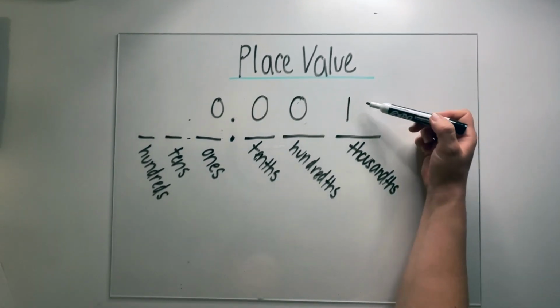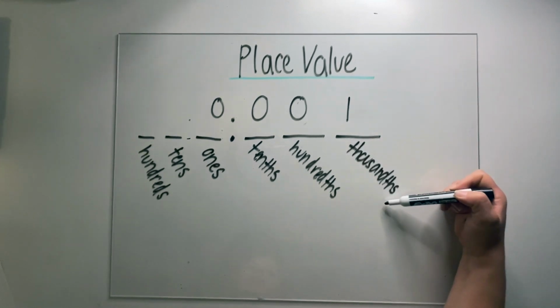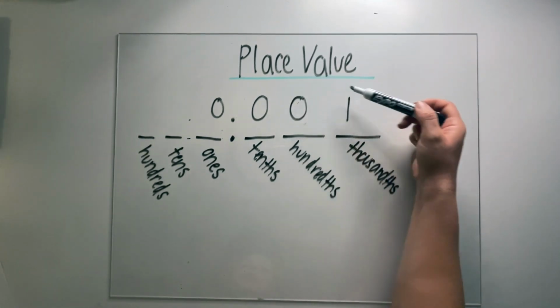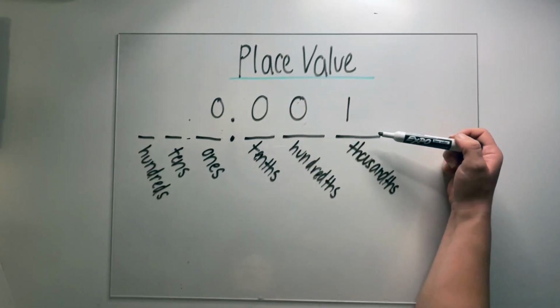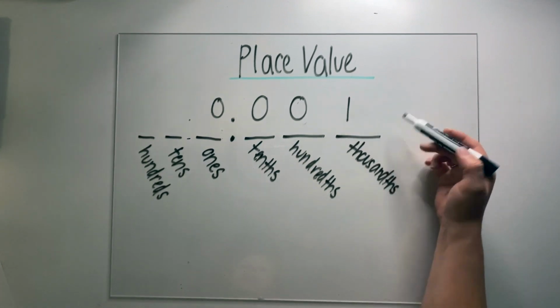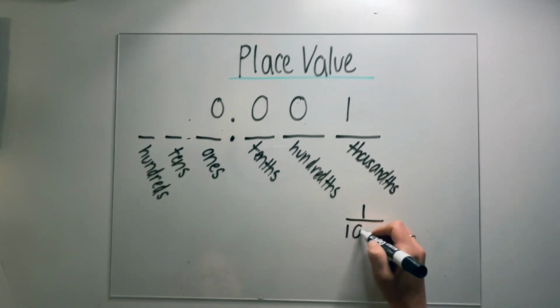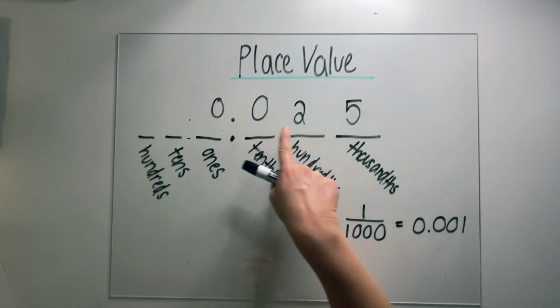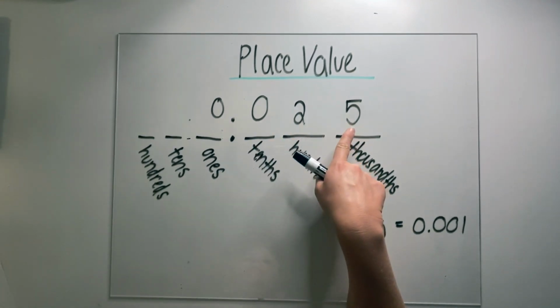Finally, what if my 1 was in the thousandths place? There's a 0 here and a 0 here, which tells me when I read this mathematically, I should say 0 and 1 thousandths. Or what if I had 1 0 and then 2 other numbers?